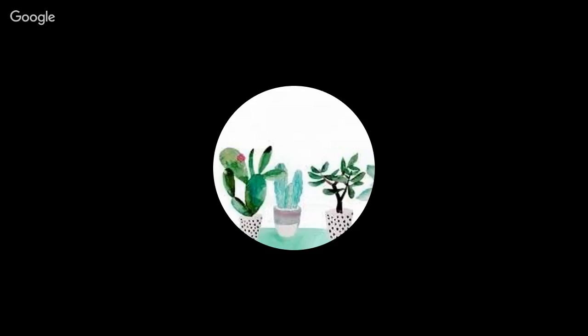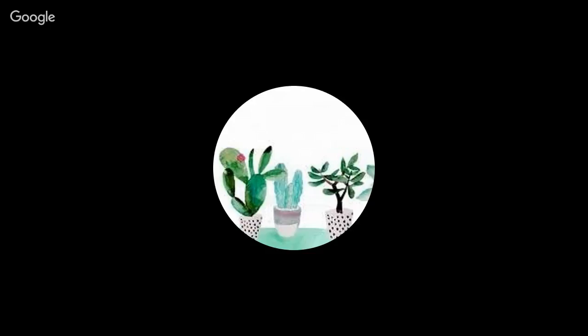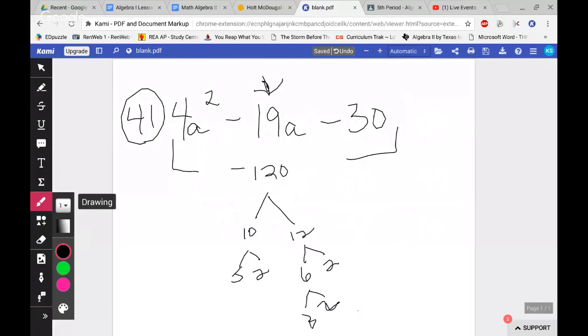I don't think so. Let me see. 3 and 2. So that's factored all the way. So 15 and 8 don't do anything.